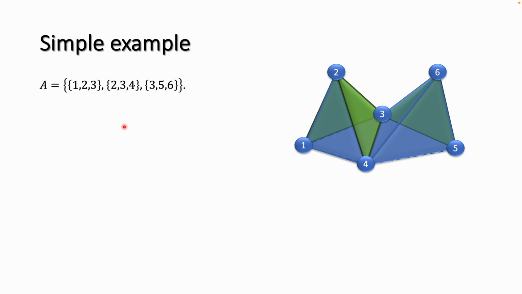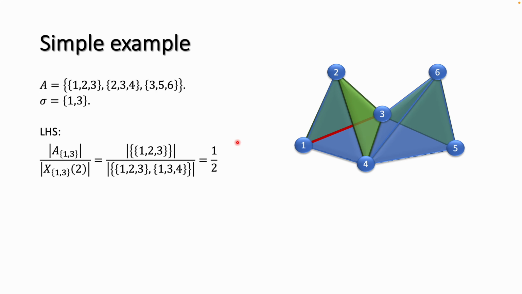Again, we have this example. We have the set A of these three green triangles, and let's think of sigma. It's this red edge, 1, 3. Now the left-hand side is what we discussed before. It's the localization of A to this edge 1, 3.